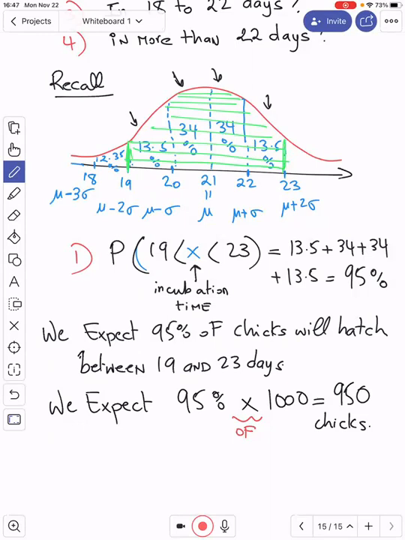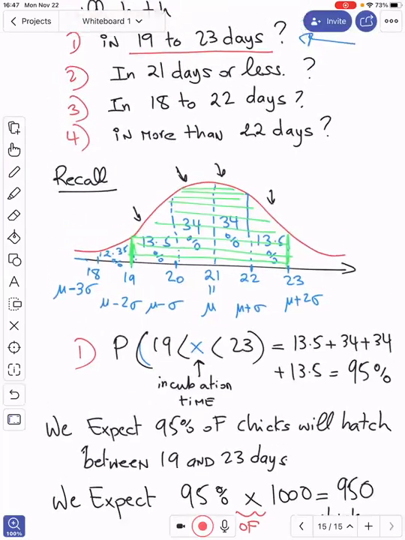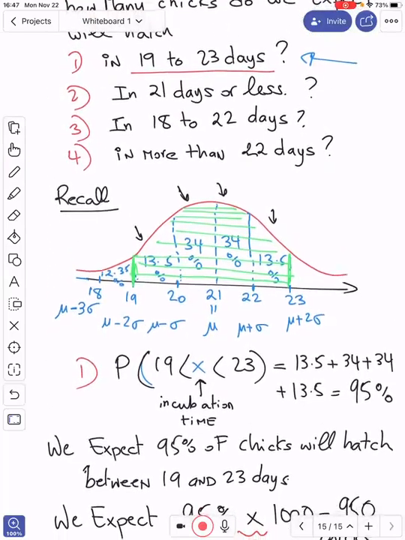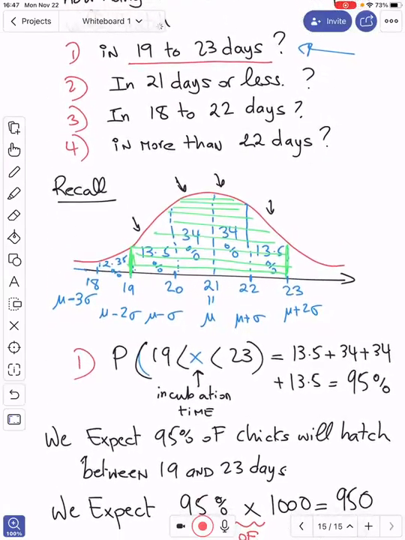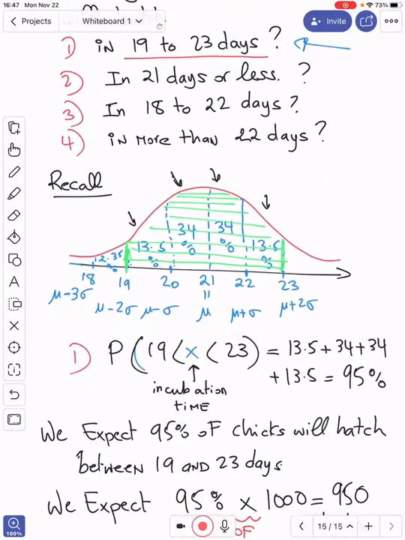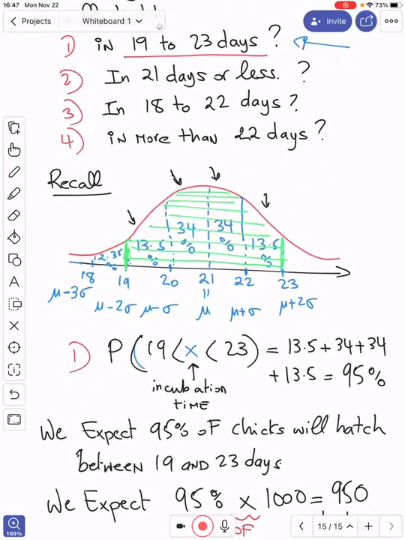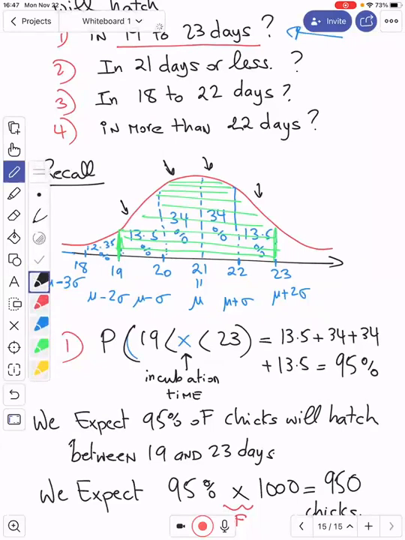Does this make sense to you guys? Any questions? Yeah, I have a question. Going back to the graph, for the mean you added 21 plus 1, which gives 22, and then 23. But over here you said the mean plus 2, and I don't understand the 2.